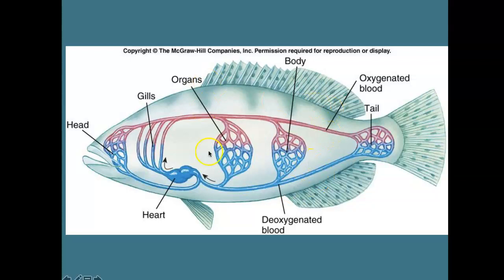So for us, a 4-chambered heart is going to pump deoxygenated blood to the lungs, and then that oxygenated blood is going to come back to the heart after it picks up oxygen in the lungs and get a second pump before it's pumped all the way out to our body tissues, and then comes back.